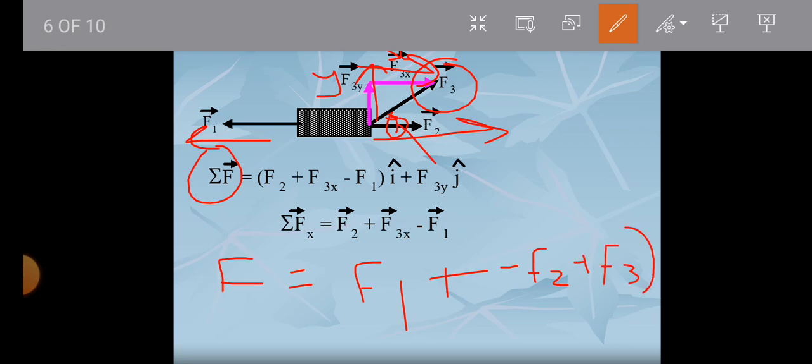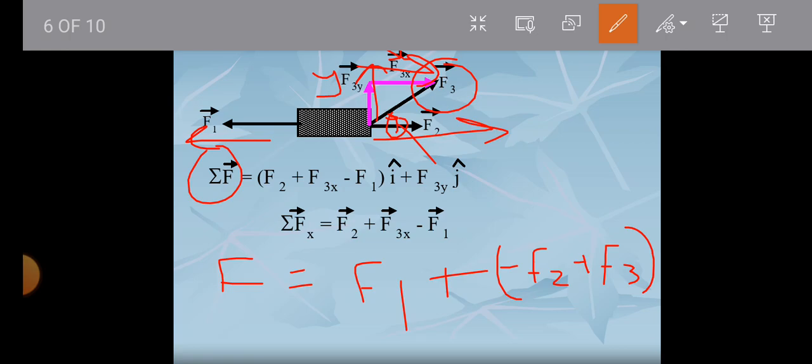That's our force there. Or we can take it on the other side, and we say the force acting there is F2 plus F3 minus F1.